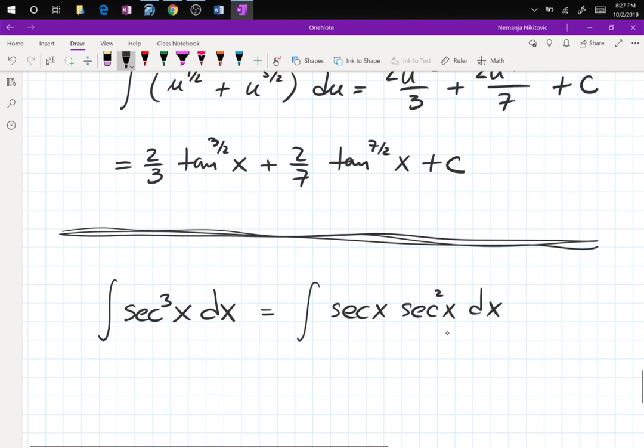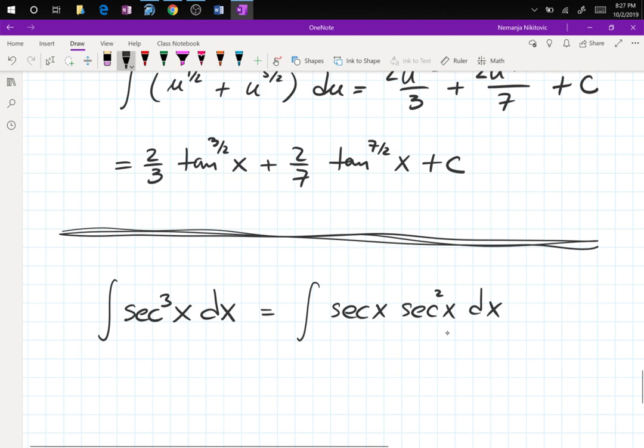So the things open up to you when you break it apart. As a secant cube, there is absolutely nothing you can do, right? It's just dead in the water. But here, when I have secant and a secant squared, now I have options, right? And the 2 options are, one is to transfer this secant into tangent squared and see if I can do anything from there.